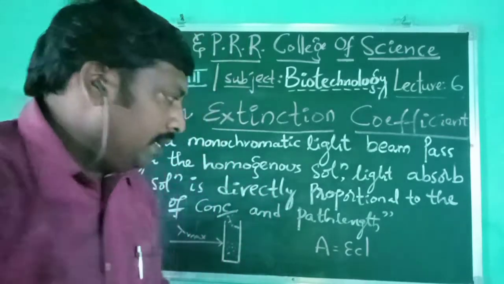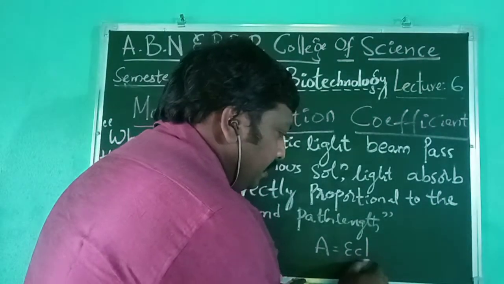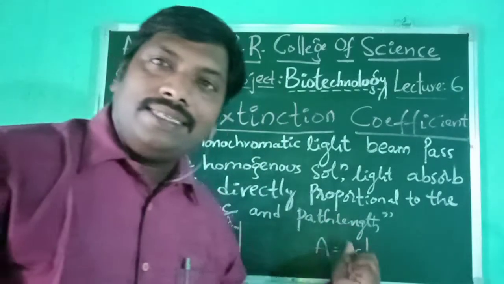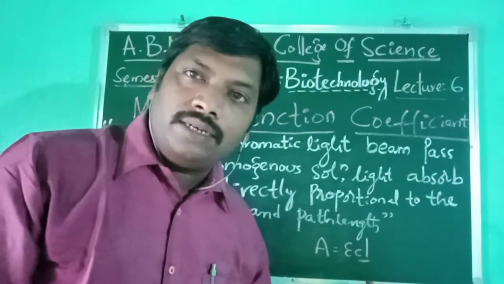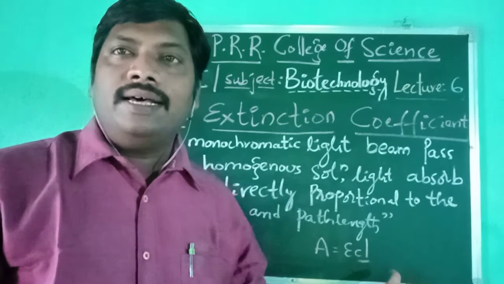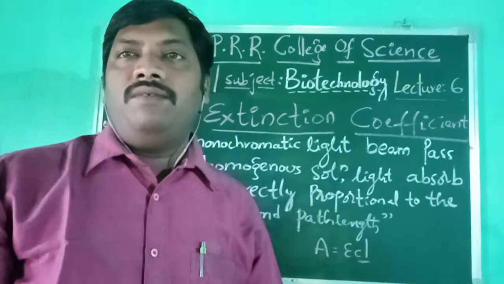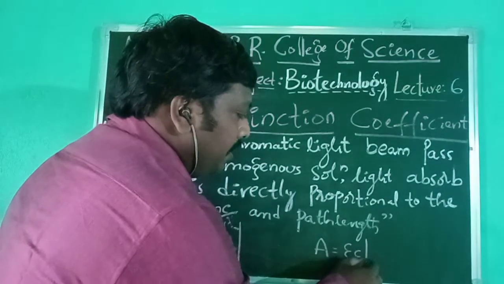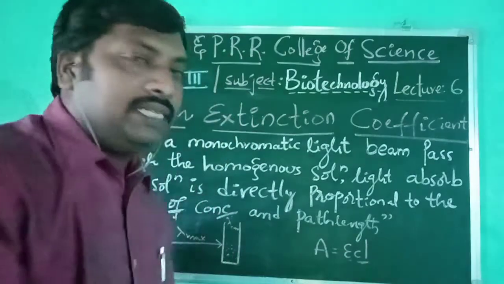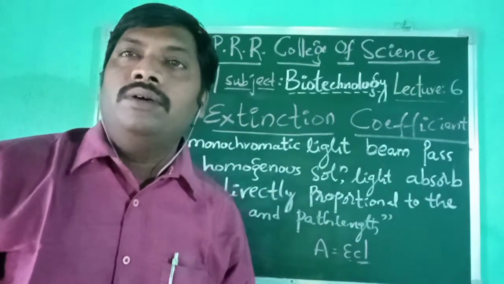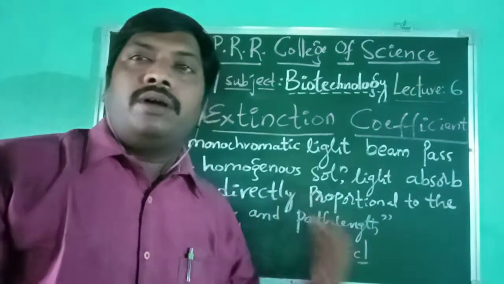C and L are the concentration of the solution and the length of the light path. These are determined by the extinction coefficient via absorbance.